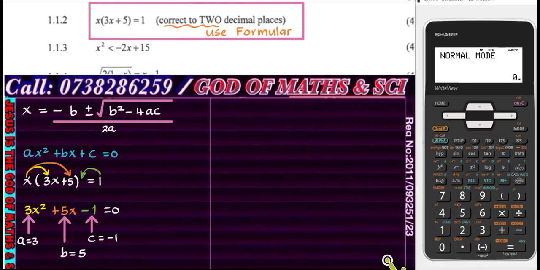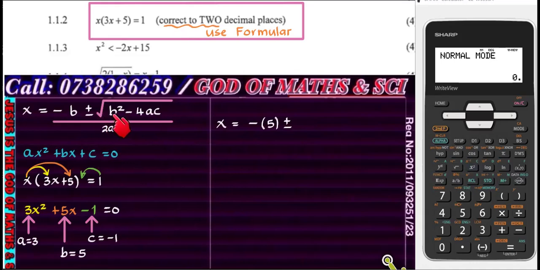We have x equals minus b. b is 5, so I open a bracket and put a 5, because sometimes the 5 can be minus. Then we've got plus or minus.